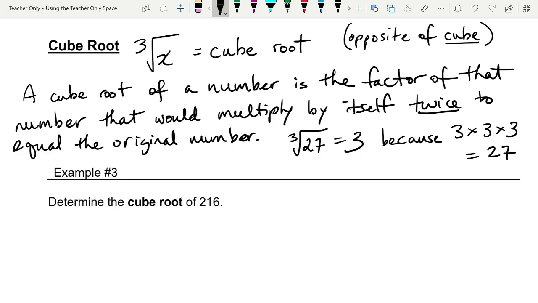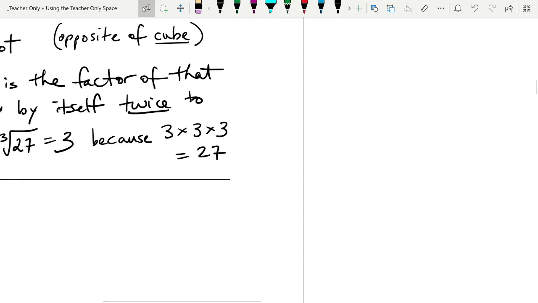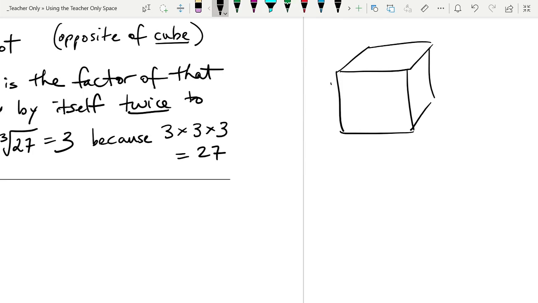And again, you don't have to write this part down, but if I had a cube and I knew that it had a volume of 27 cubic units, then I know all of the edges must be 3, right? Because to get the volume, you go length times width times height. So you can undo that by going the opposite and saying, if I know the volume's 27, how long are its edges? 3.